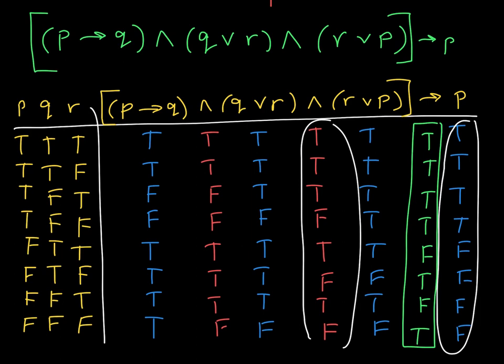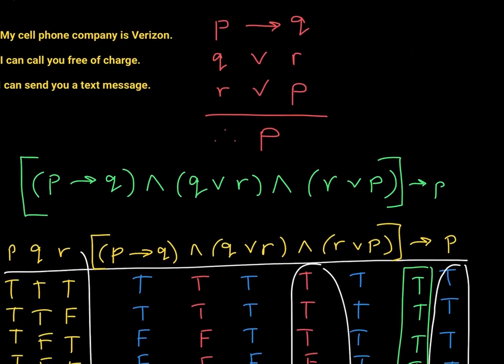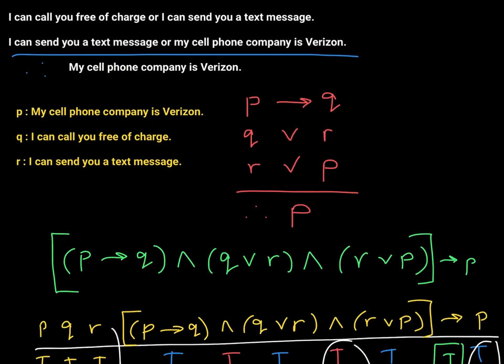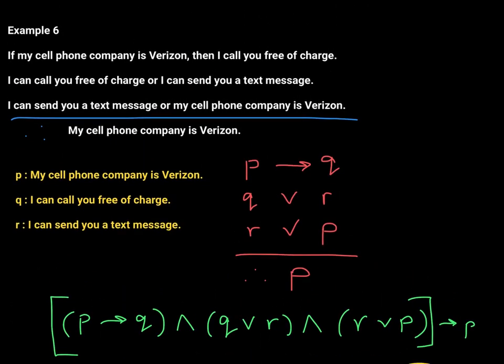So because we did not get all true, we can conclude that, where is it? Way over here, right? Something about Verizon. This argument is a fallacy. Okay, a little bit of work to get there, but we did it, and we constructed the truth table to make our conclusion.